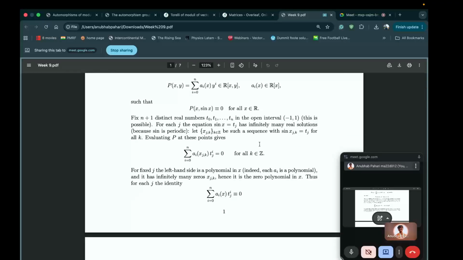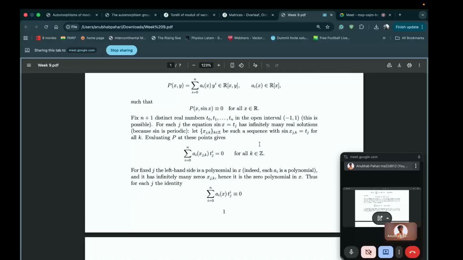Now fix n plus 1 distinct real numbers t_0, t_1 up to t_n in the open interval (-1, 1). For each j, the equation sin x equals t_j has infinitely many real solutions, because sin is periodic.